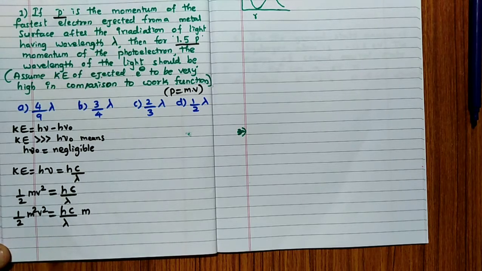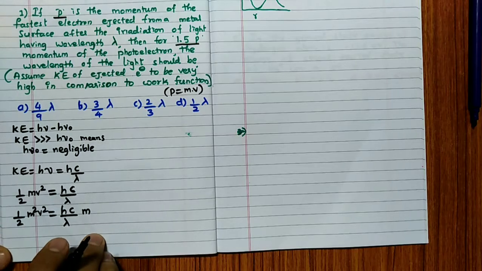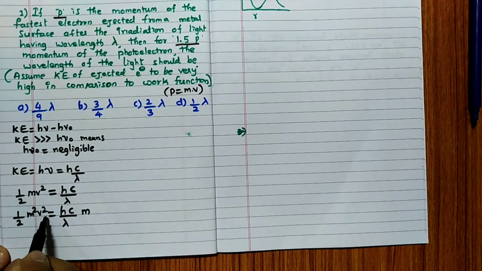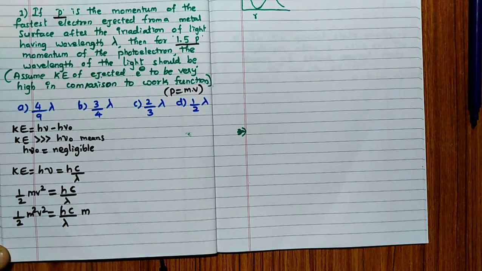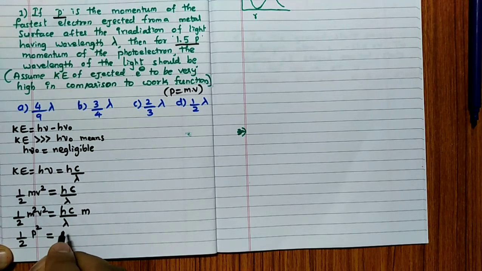These are the steps you have to know, remember, in the exam, where we have to multiply, where we have to consider that case. See, now we need m into v. Correct? M into v is equal to p. So that m square into v square, what I will write? P square I will write. Half into p square I will write is equal to, so in this particular case, hc divided by lambda into m.